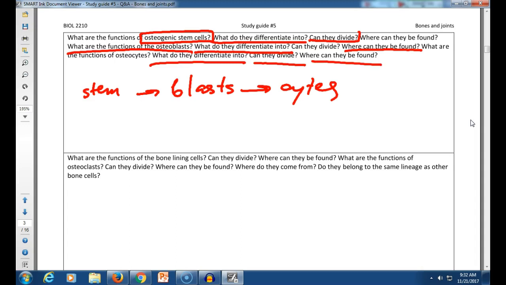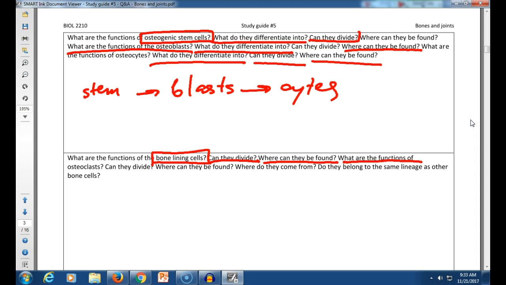No. They can be found in lacunae of compact or trabecular bone. Bone lining cells. We don't really know. Maybe maintenance of the matrix. Again, can they divide? Probably not. We presume that they're old osteoblasts, but kind of weird. They're weird cells. They can be found lining the bone.